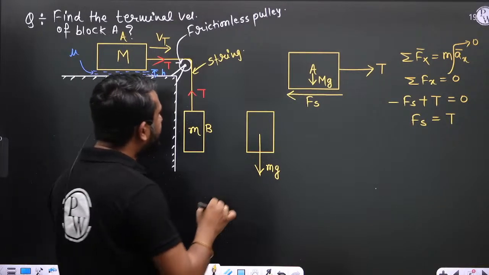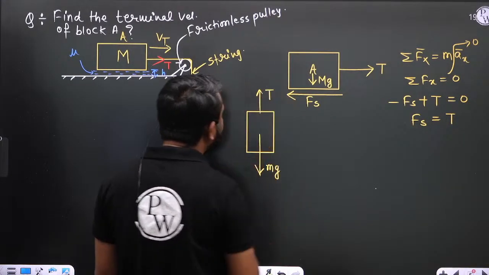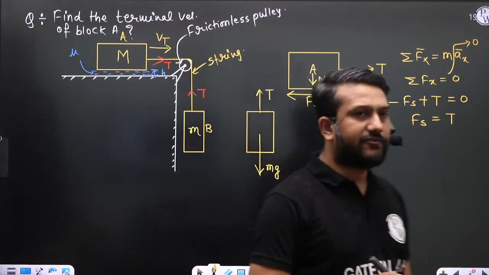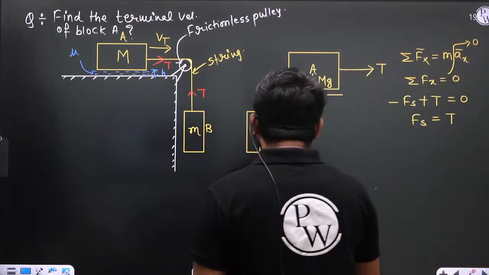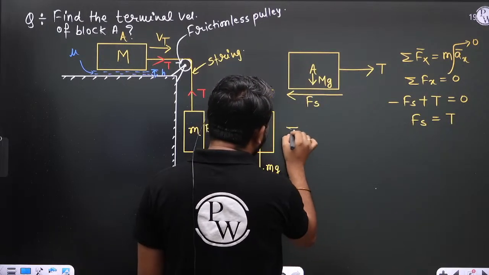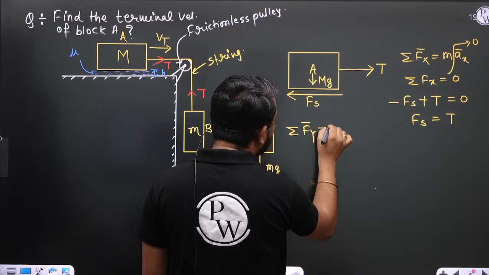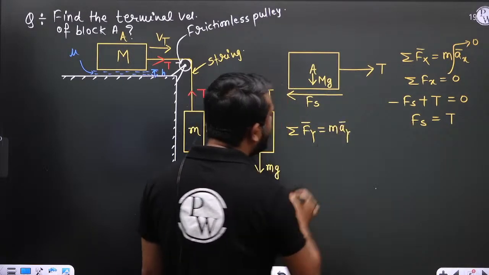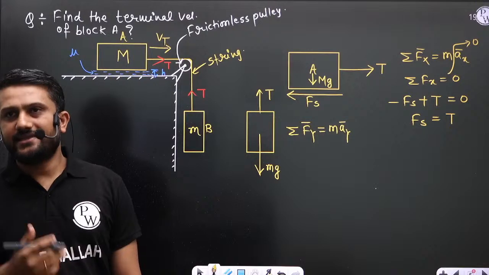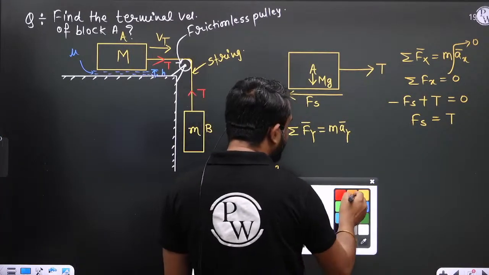And the tension in the string is T. So this is the free body diagram of block B. If you write the equation of motion here, in the y direction, summation Fy is equal to m ay, and since we are talking about the terminal velocity, the acceleration is 0 here also.